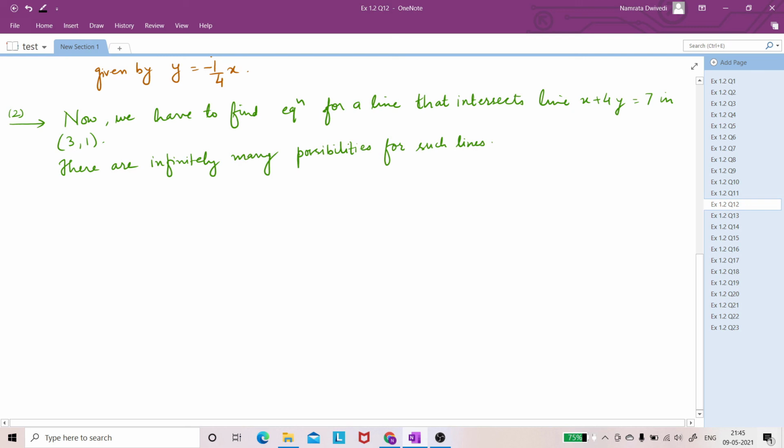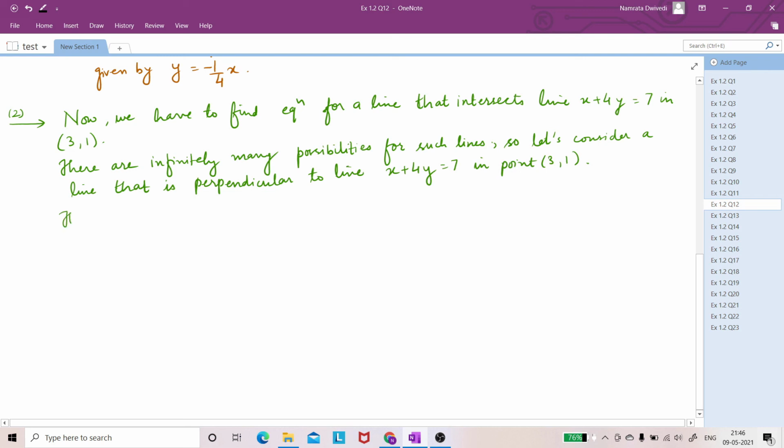So let's consider a line that is perpendicular to the line x plus 4y equals 7 at the point 3 comma 1.